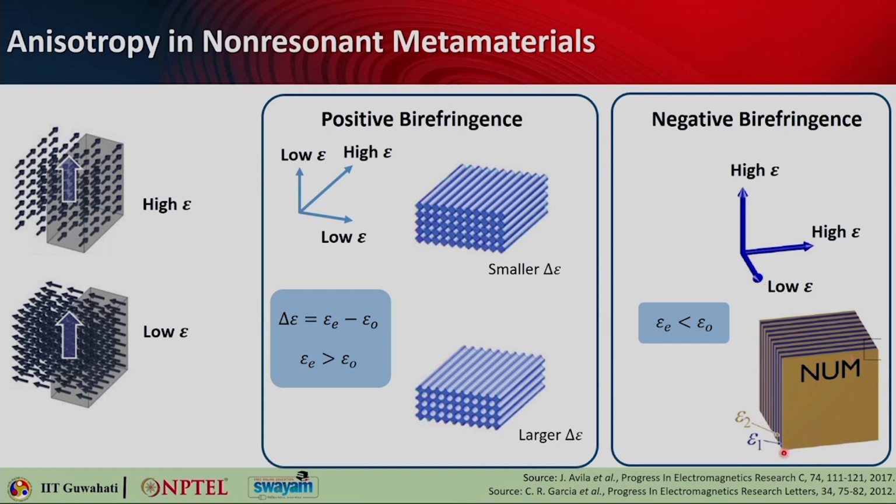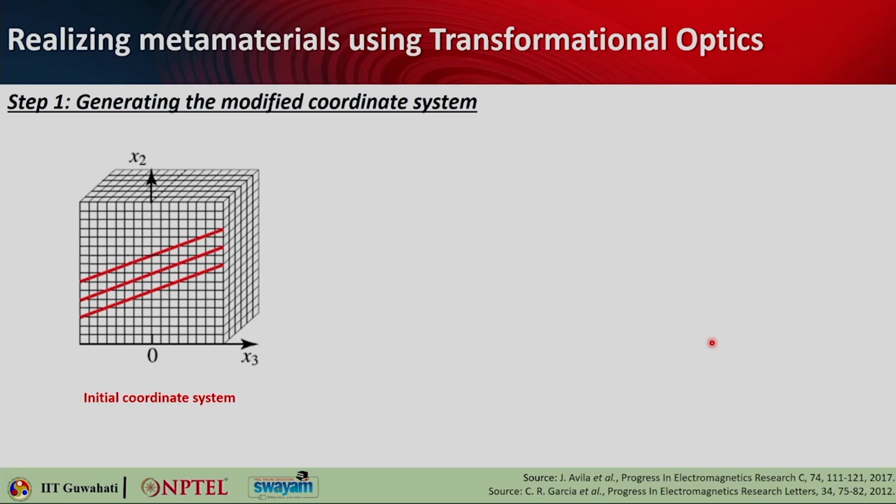So, say you have epsilon 1 and epsilon 2, two different materials, and they are alternating. In that case, along the material you have high permittivity along both x and y, but along the grating you will have low permittivity. So, this is now your extraordinary one. So, epsilon E will be smaller than the ordinary permittivity, right.